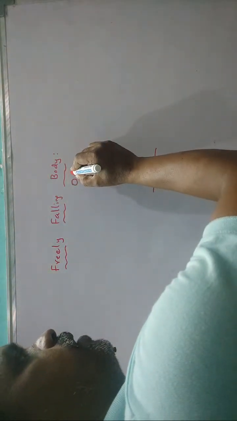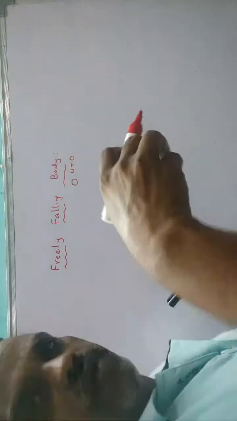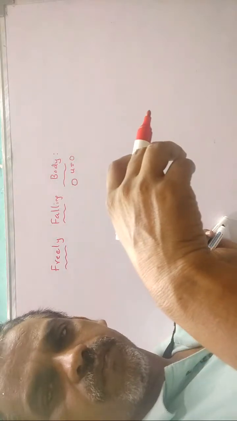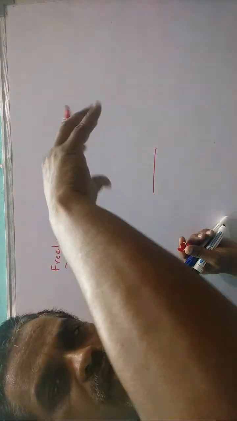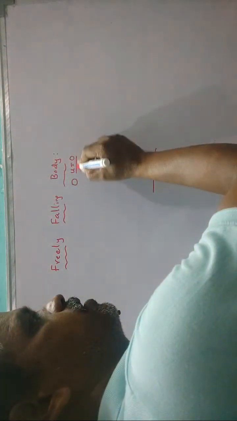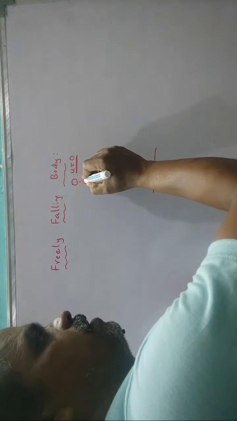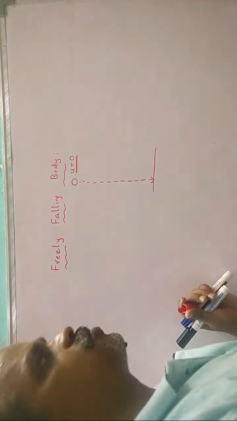We are leaving the body with initial velocity 0. We are not giving any velocity to that body while leaving it. We just leave the body. It will come down. So the initial velocity for this body is equal to 0. Then it will come down.